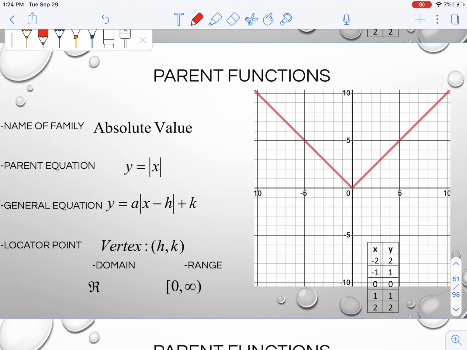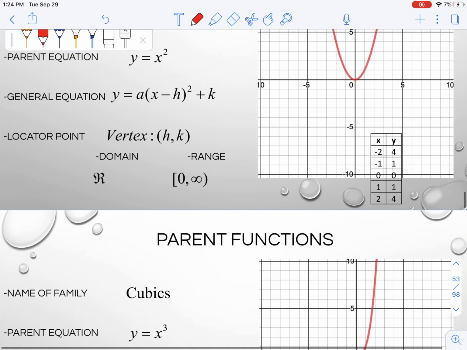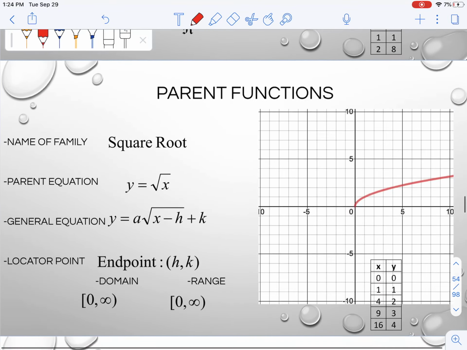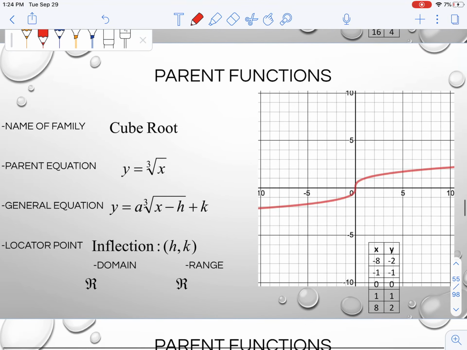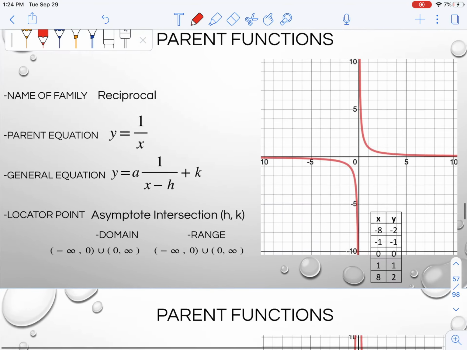of the graph, right? So the ones that you should be familiar with, technically linear functions are a parent function as well, but really the first one you learn is absolute value. You should be familiar with your quadratic functions. You should be comfortable with cubics, square roots, cube roots, and reciprocal functions as well.